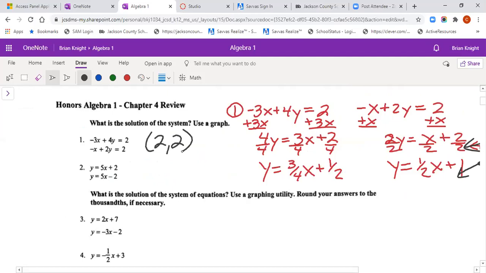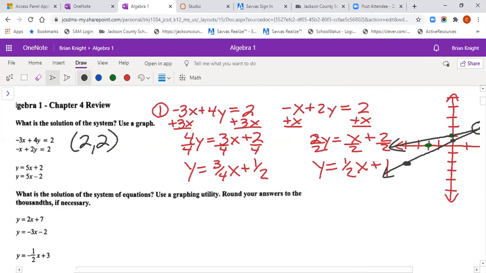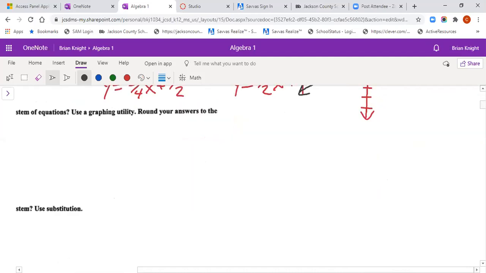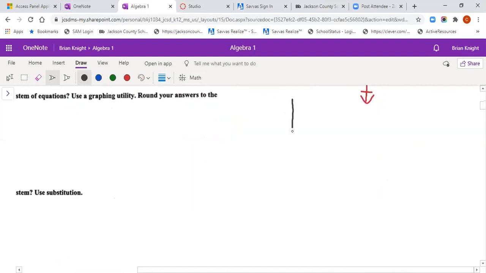Okay. All right. Number 2. 2 is already set up for us. So it's much easier to work. And really, I guess technically you could have worked it without graphing it, but it told us to graph it, so we're going to graph it.